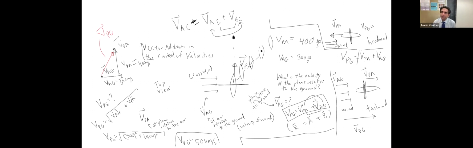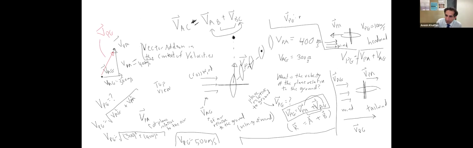What's the net speed? What is the speed of the plane relative to the ground? 100 is correct, okay? And that is directed to the left, westward. So the velocity of the plane relative to the ground in this example is directed purely to the west.